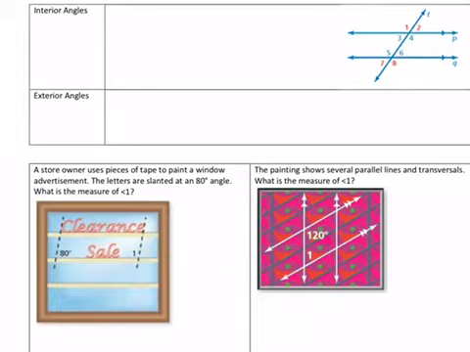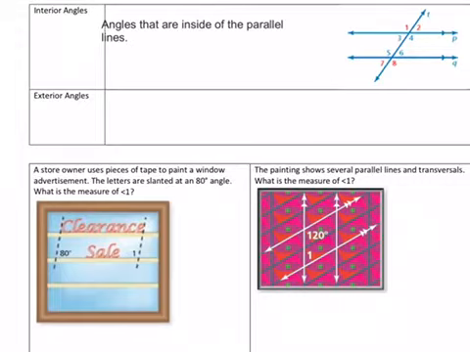As we are looking at this transversal on the right, we see that there are two different colors of transversal angles. The interior angles of a transversal are the angles that are inside of the parallel lines. What that means is they're kept inside of this little area.